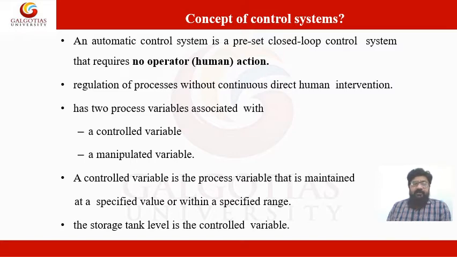For example, the supply of the steam to a steam engine, or the supply of water to a fuel tank, or the supply of current to a circuit. So the storage tank level is a controlled variable. So that variable we want to control.